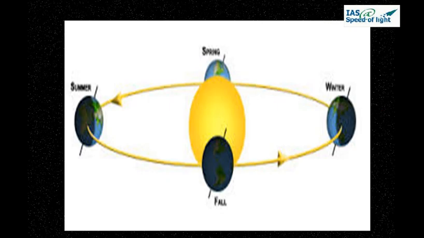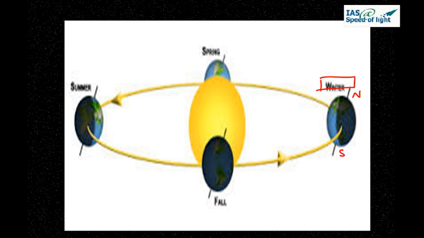Let's understand it a bit better. So this is the orbit, right? And here we started with this point, which is the winter solstice. Here we can see this is the north pole and this is the south pole.